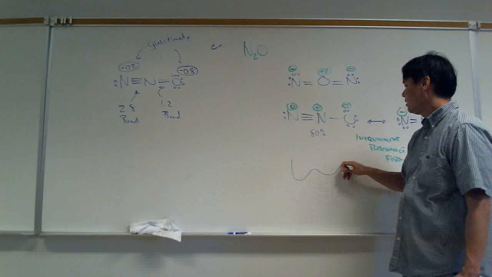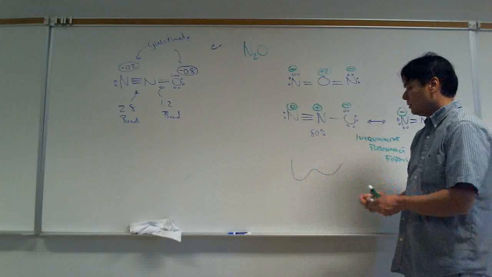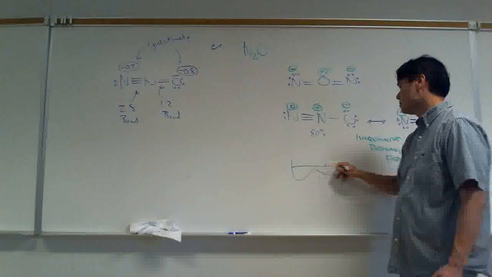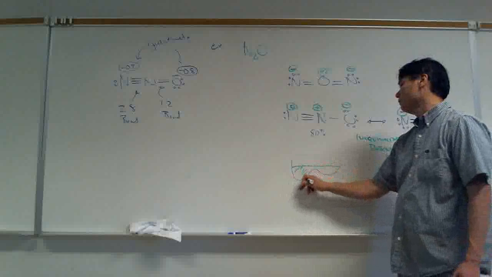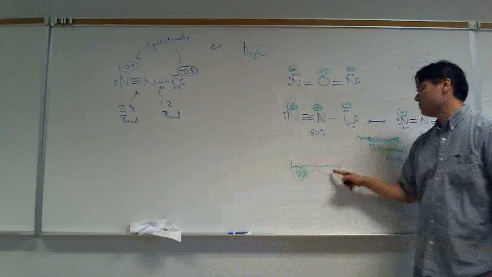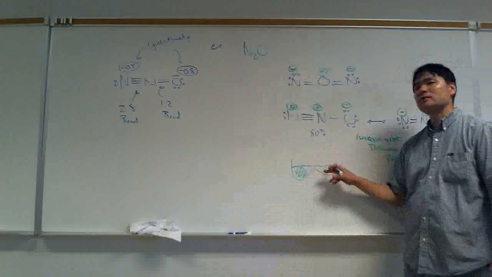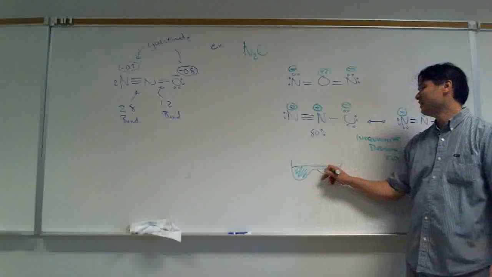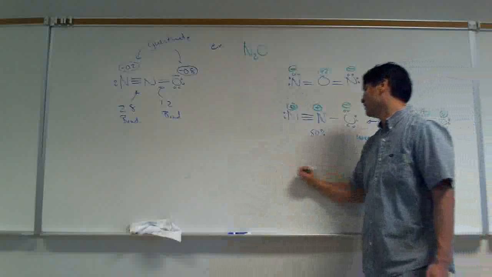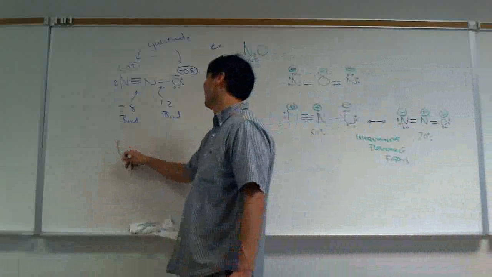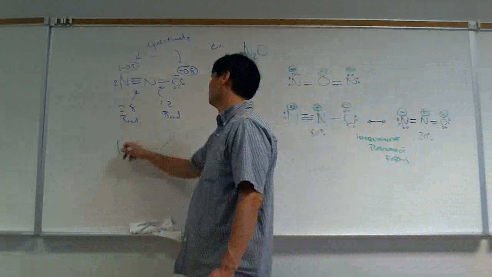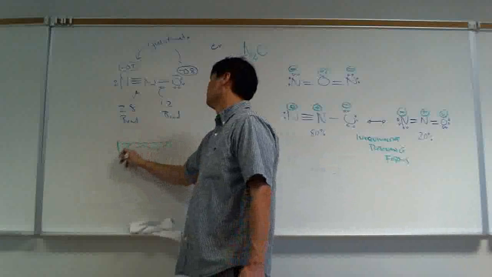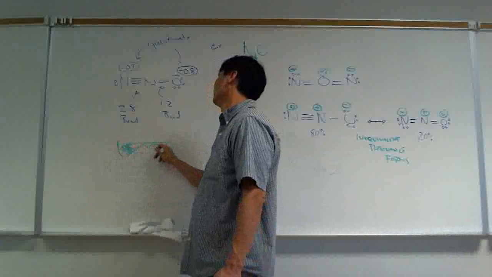Over here we have a shallower tub. And we think of the electron density as the water. So the water is going to sink down here. Before we had even tubs because both bonds and both resonance forms were the same, right? In the hybrid, actually, this is the hybrid over here. This is for the bond.